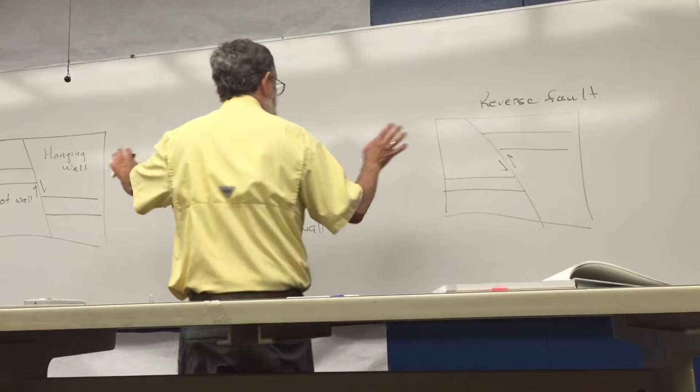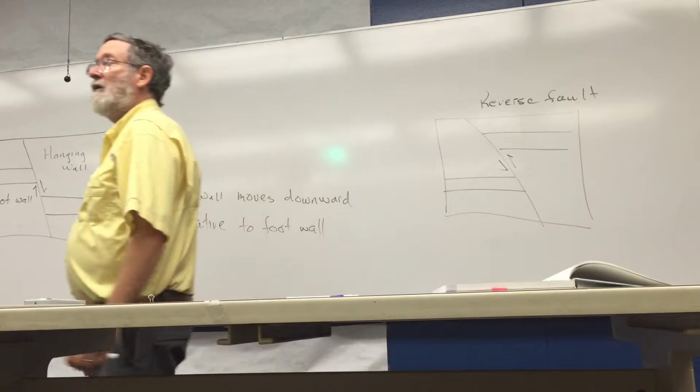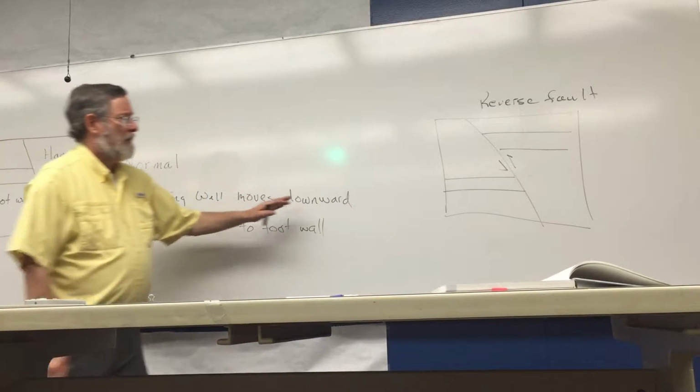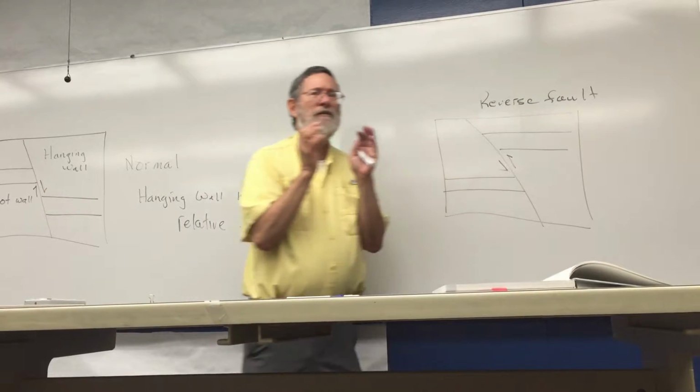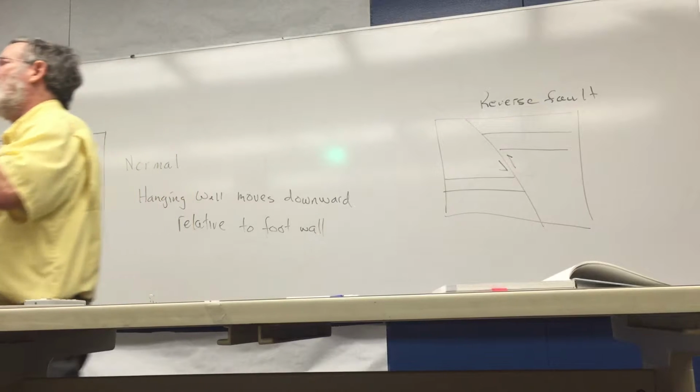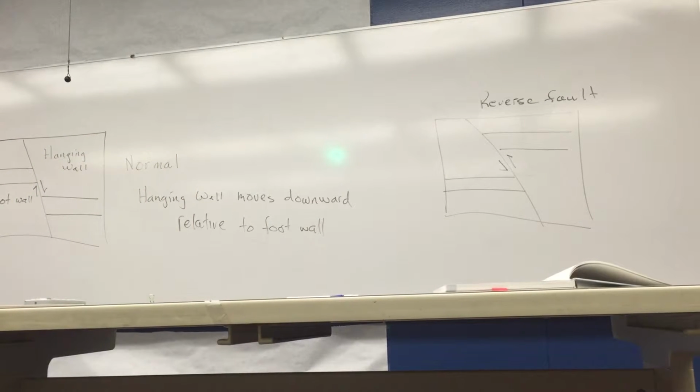Now notice that I have not put any scale on here other than some indication that this might be a stratigraphic layer. We see these faults at almost all scales. We can go to certain areas where we can see a reverse fault where the entire structure is only about that big.